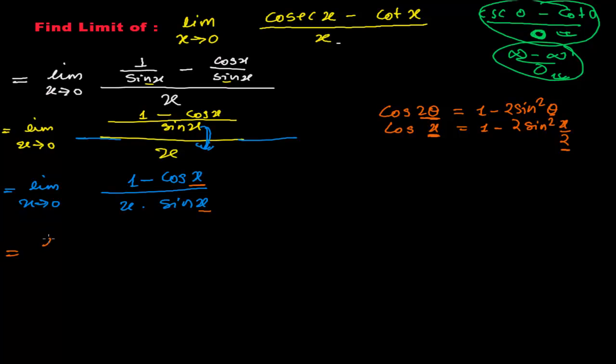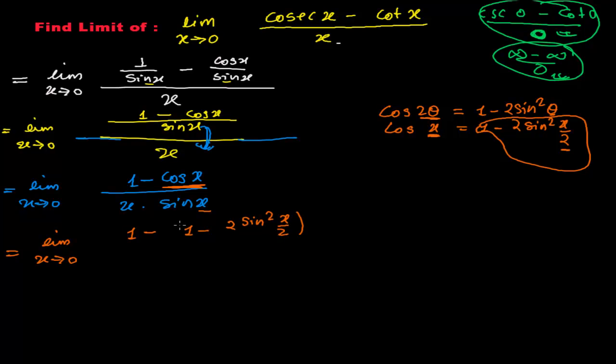So now it will be the limit when x tends to 0 of, in the place of this cos x, I'm going to put this value, 1 minus 2 sine square x over 2. And now in the denominator we have x times sin x, and we know that sin 2 theta is equal to 2 sin theta times cos theta.